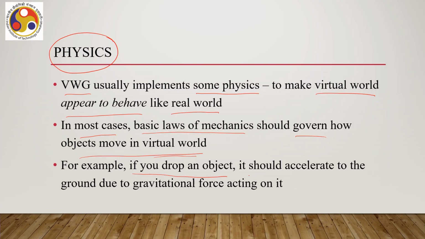Due to gravity, it should accelerate towards the ground. So, that type of trajectory, that type of movement should be supported by the virtual world generator. So, when we are trying to create some animation involving dropping of a ball, the ball should not go to the ground with a constant motion. Ideally, it should accelerate due to gravitational force.